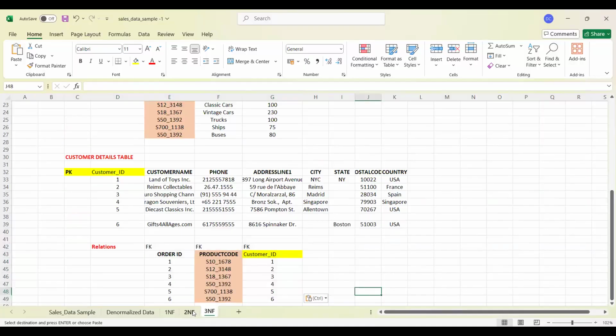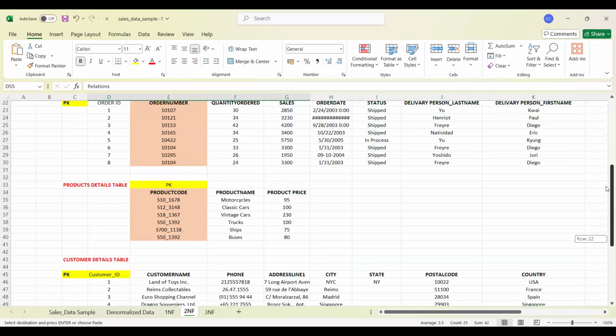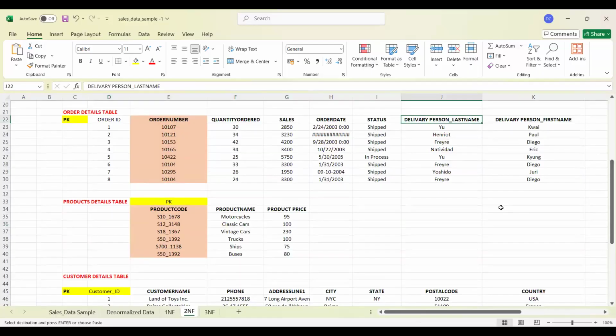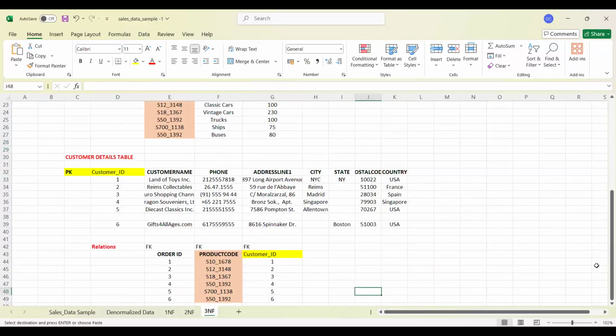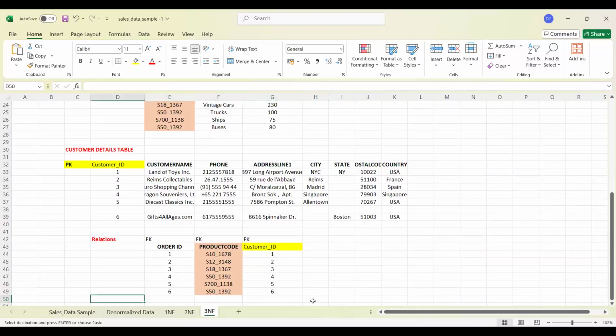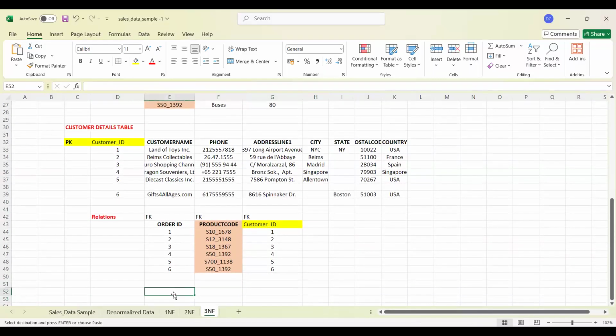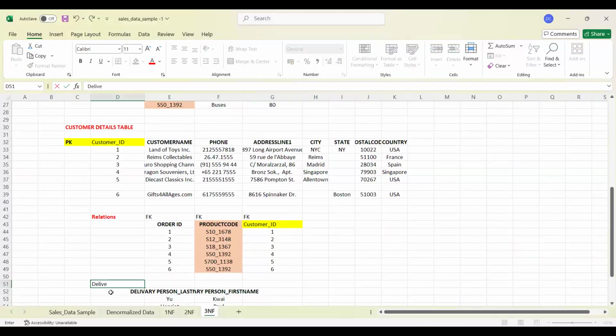Now what I need to do is create another table only for the delivery person. I will create a separate table for delivery person, and I can keep any name, maybe delivery agent details, something like that. Okay.